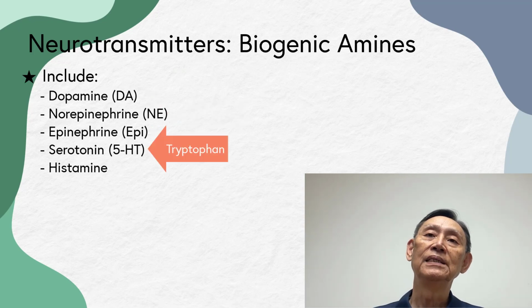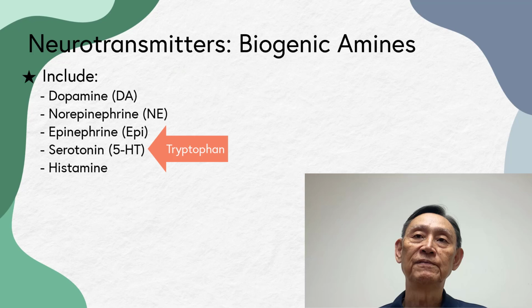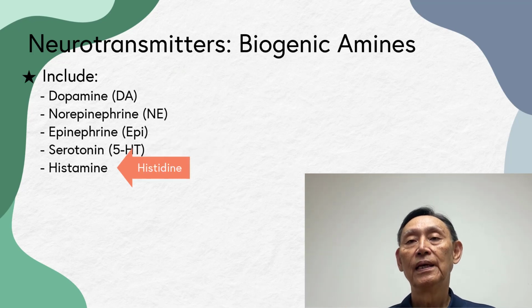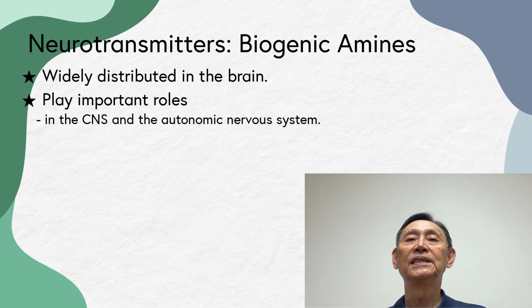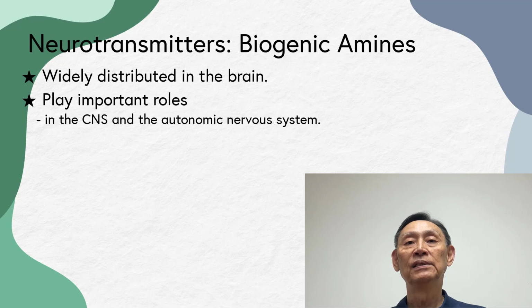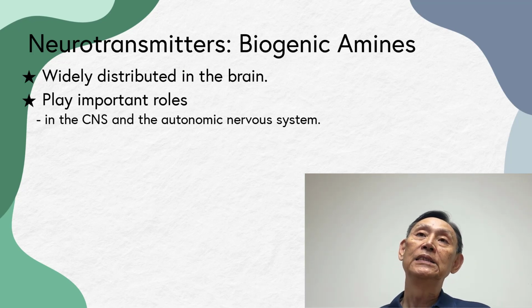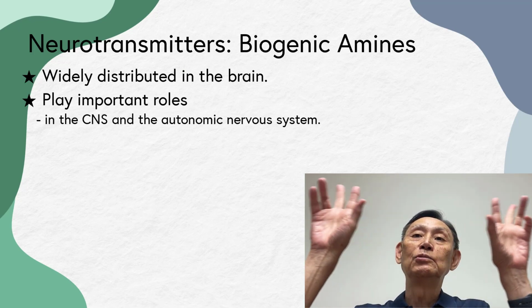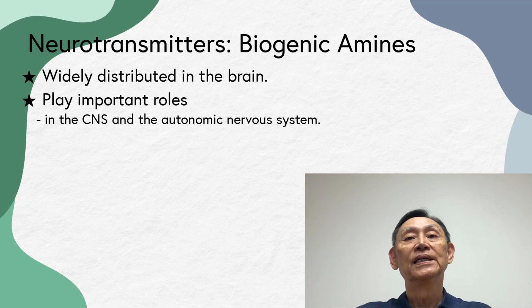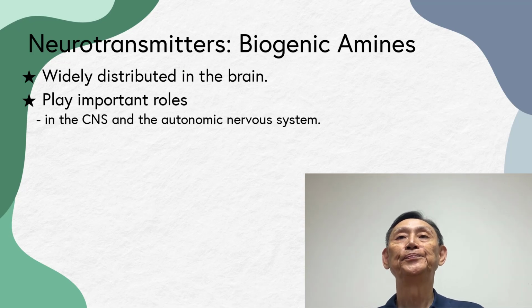Serotonin is the derivative of tryptophan, and histamine is the derivative of histidine. All these three amino acids are essential amino acids that are very important to our central nervous system. These biogenic amines are widely distributed in the brain. They play many important roles in the central nervous system as well as the autonomic nervous system.